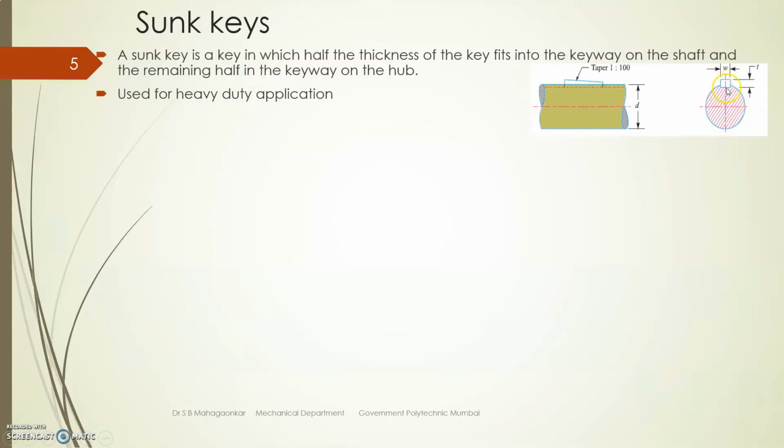Half the portion is in the shaft, and half is in the mating part. Generally it is tapered on the top surface, 1 in 100, for easy removal of the key, where W is the width, which is equal to 1/4 of the diameter D of the shaft, and T is the thickness, which is equal to D/6.